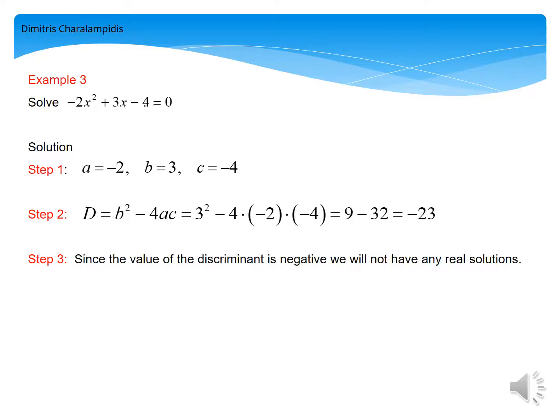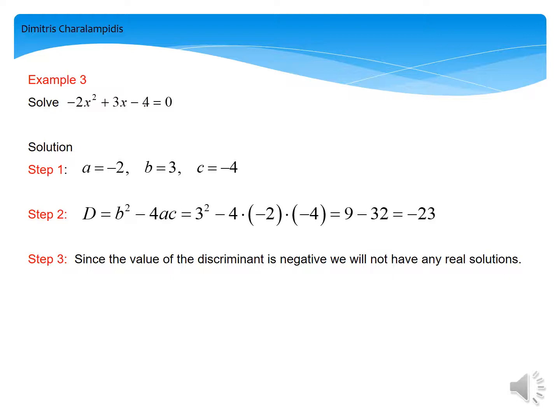Third example, solve negative 2x squared plus 3x minus 4 equals 0. Again, in step 1, a is negative 2, b is 3, and c is negative 4. In step 2, we need to find the value of the discriminant.